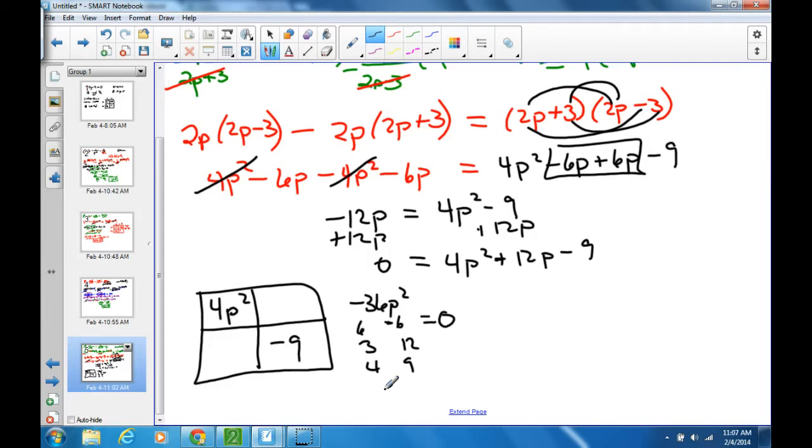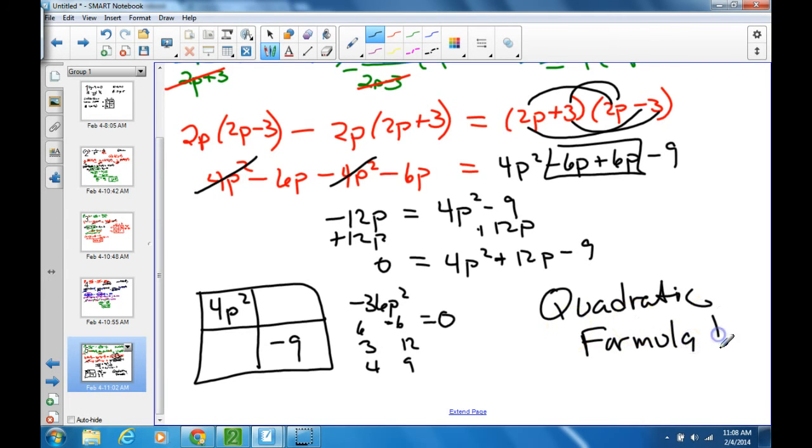No. So guess what? The box doesn't work. You have to use the quadratic formula on this one. So I'm not going to make you guys go through that. But just write down quadratic formula for this one. Okay? I'm not going to make you do that. But you know what you have to do to solve for that.